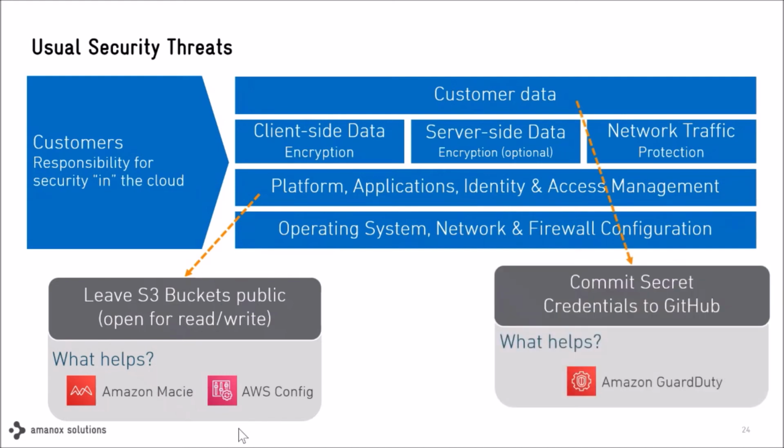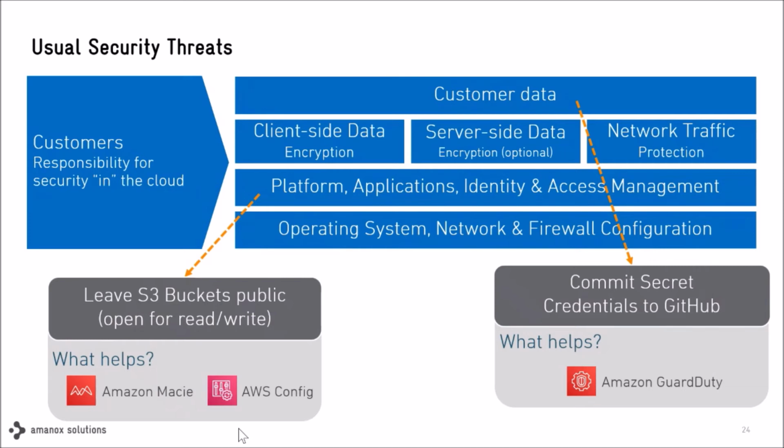A second example could be for your application development efforts. Let's say that a developer accidentally leaves some test credentials in a package that they've posted, let's say, on GitHub, without checking it with AWS Secrets.